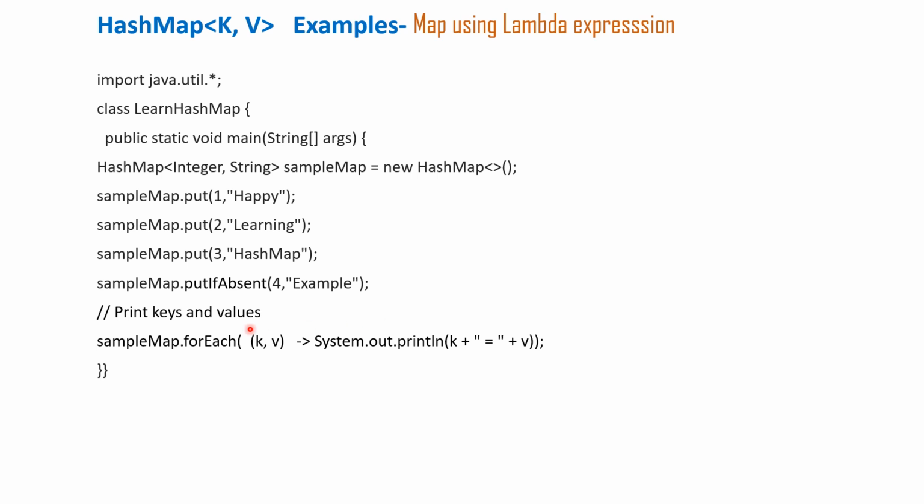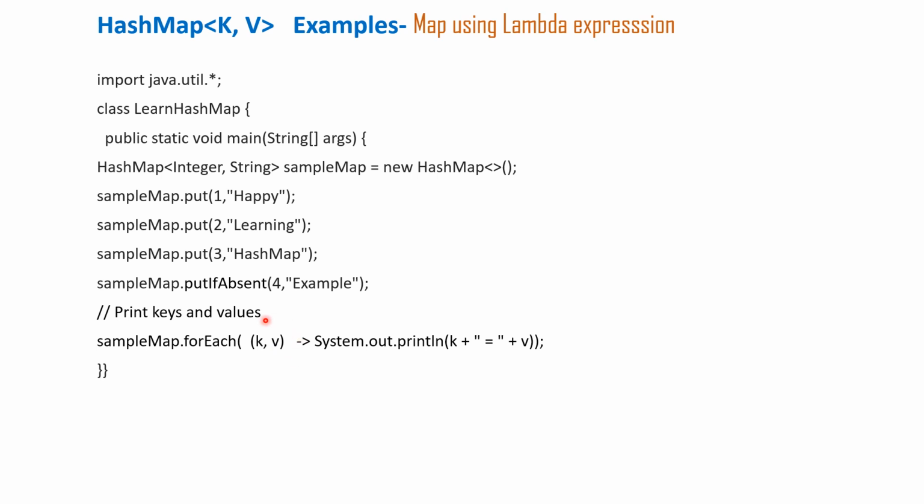Using the lambda expression, in just one line we can do our operation. So here, sample map, the object of HashMap, dot, on this only we are going to iterate, right? We have the dot forEach method, and here key comma value we are going to iterate and get the values.